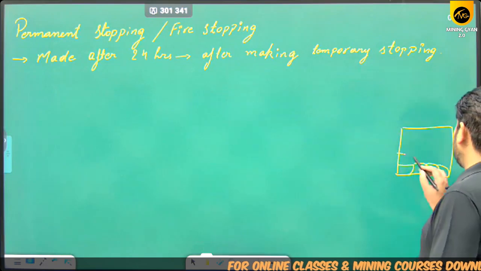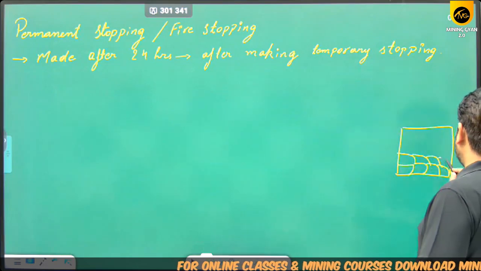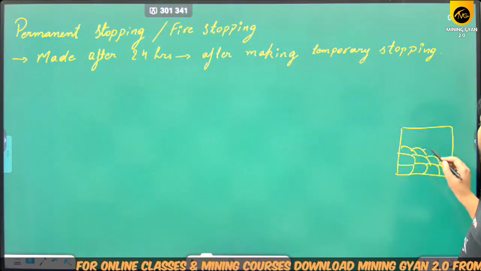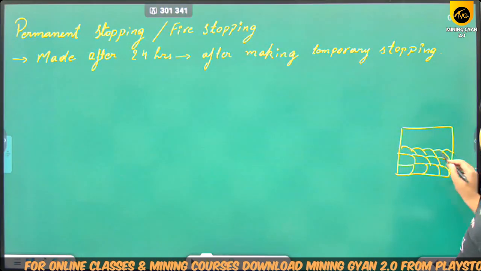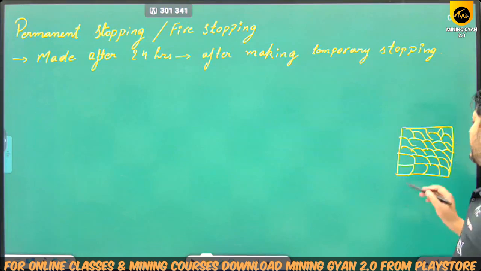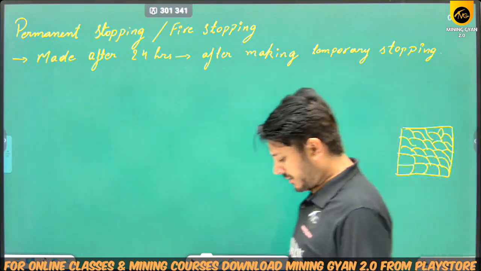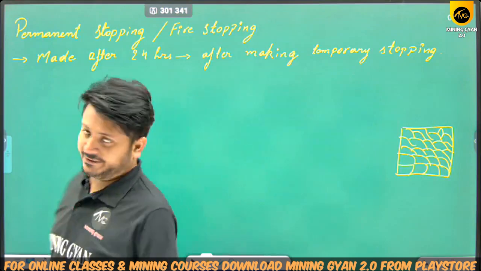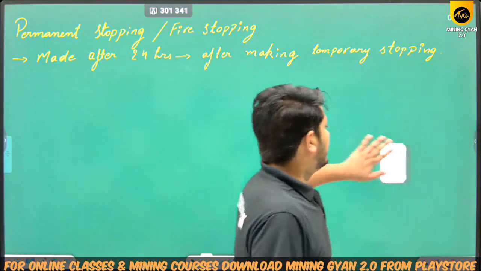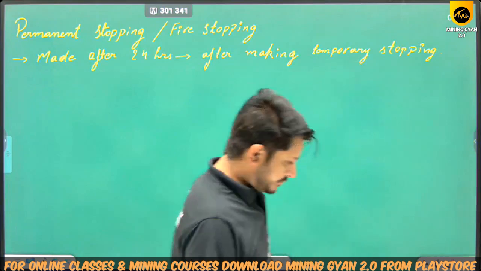In this manner, we try to cut off the supply of oxygen reaching the point of fire or explosion. This will help to cut off the oxygen and minimize the chances of explosion or catching fire, or the extension of the fire, or the extension of the explosion. We are trying to minimize it.